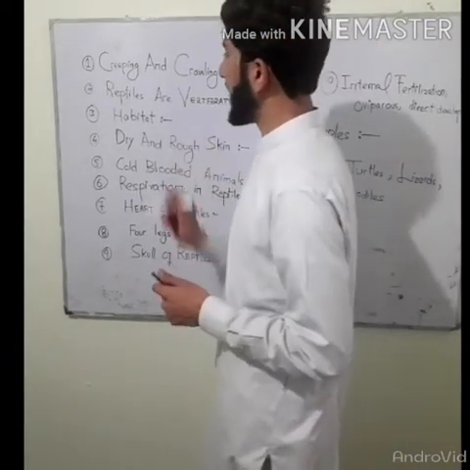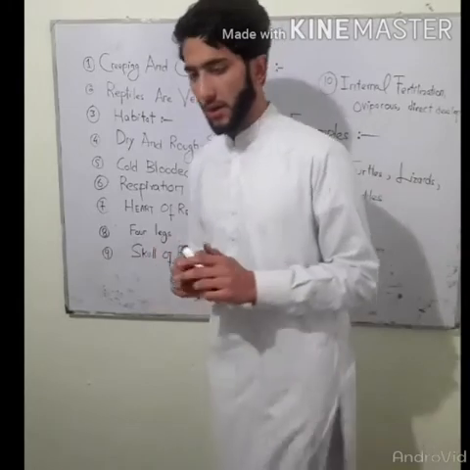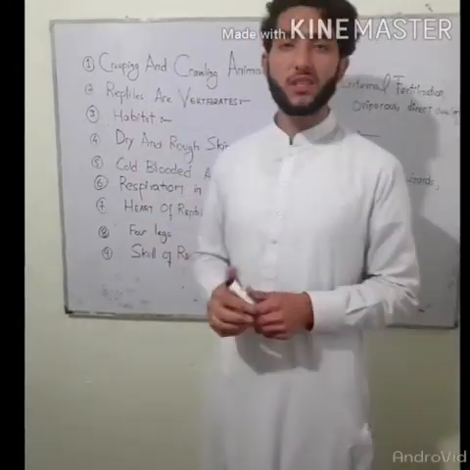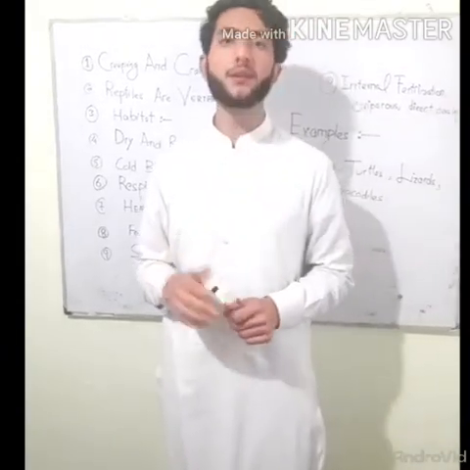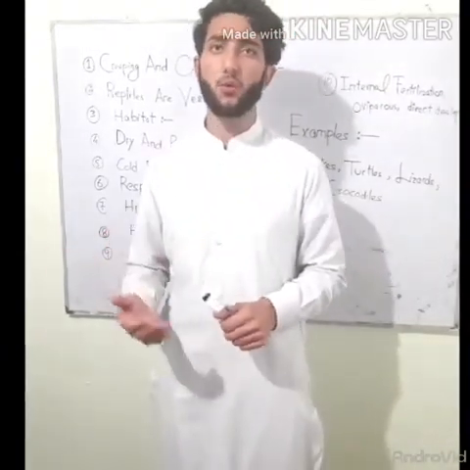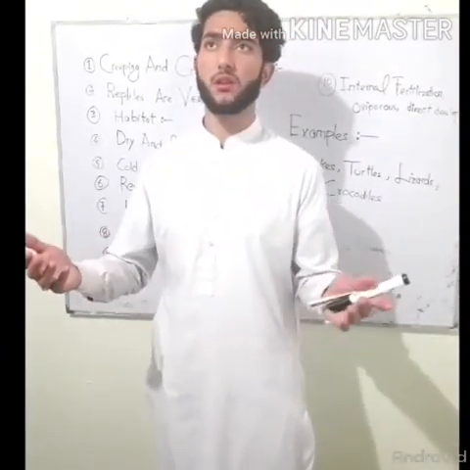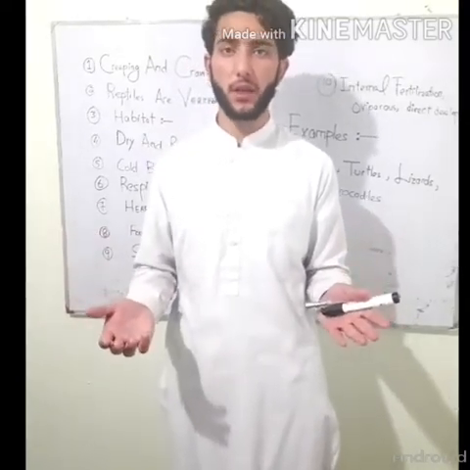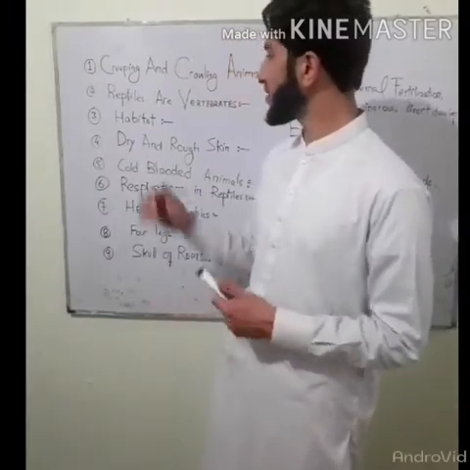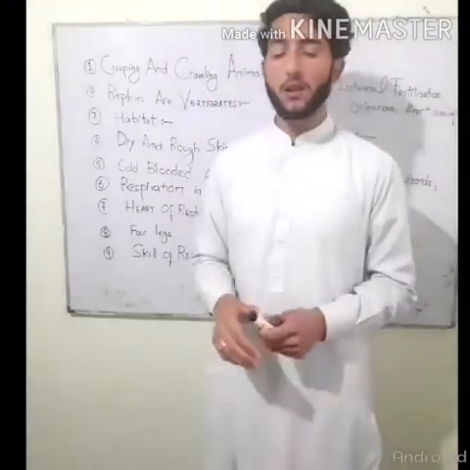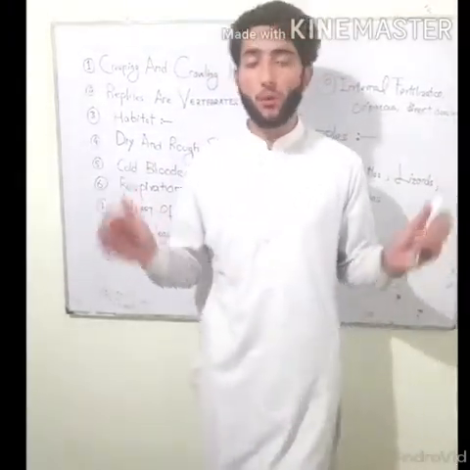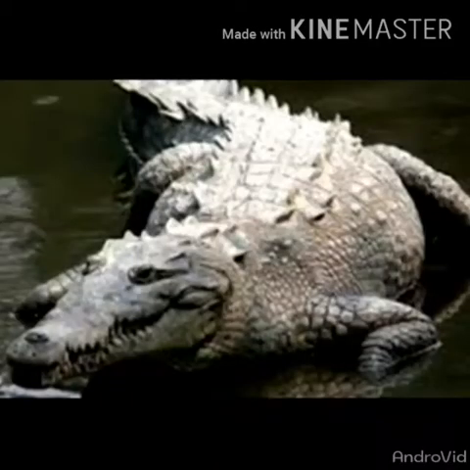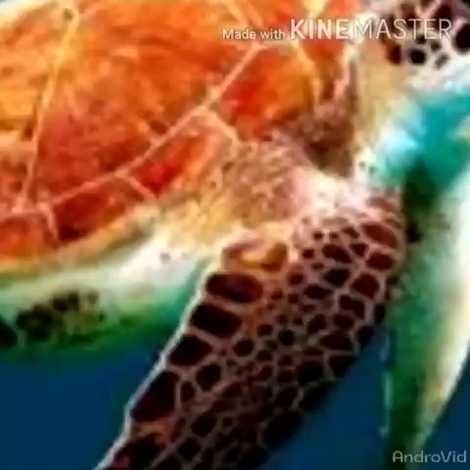Now we come to the habitat. Reptilian animals are mostly terrestrial. Terrestrial means those who spend most of their lifespan on land. They live everywhere, like in deserts, forests, freshwater, wetlands, and the open ocean.